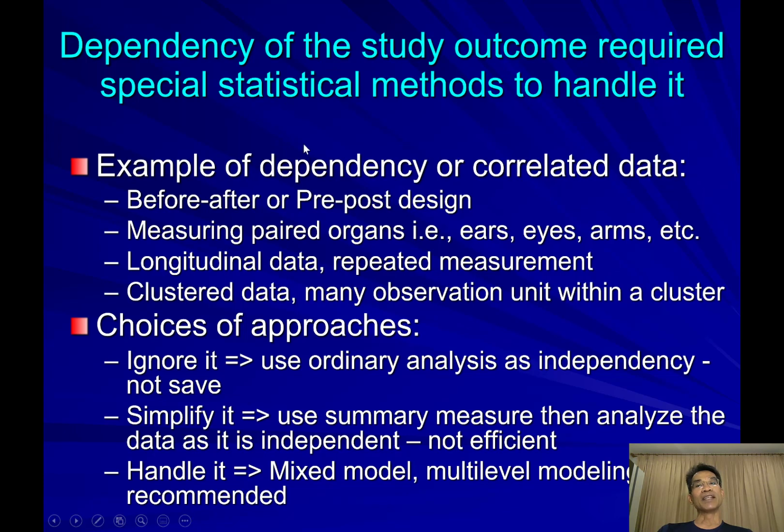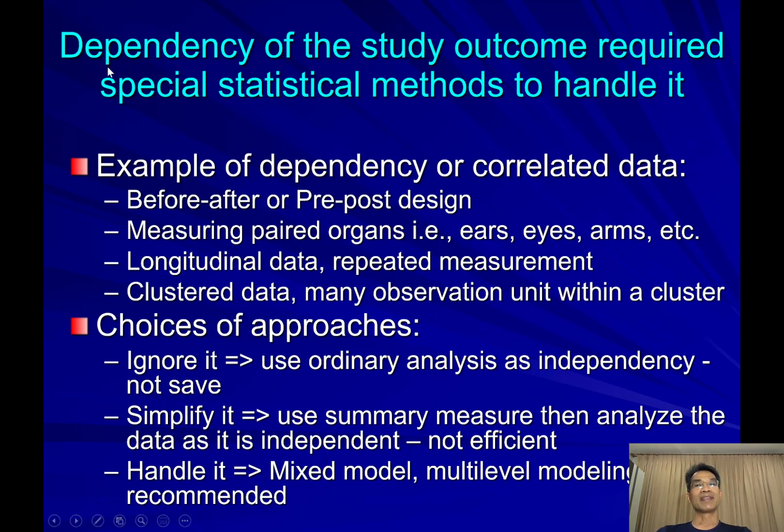Now, the one that I would like to introduce here is that usually statistics assume the outcome is independent. That means how large or the variability of it is independent of the other observations.